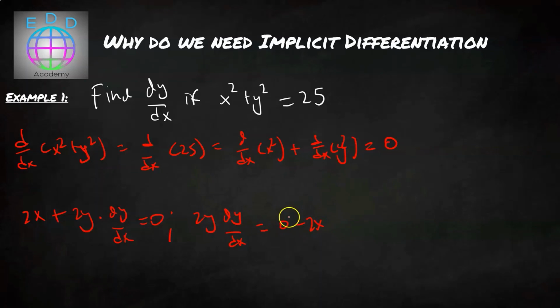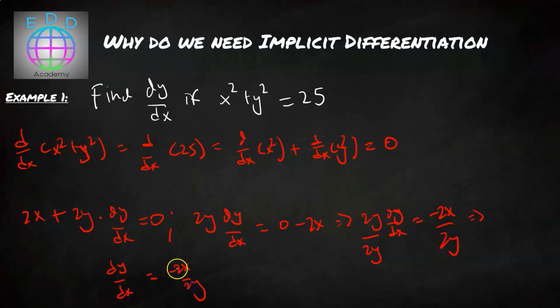We subtract 2x from both sides. Then we have that 2y dy/dx equals negative 2x, and we can divide both sides by 2y, giving us that dy/dx equals negative 2x over 2y. The 2's cancel, so dy/dx equals negative x over y, and that is our derivative.